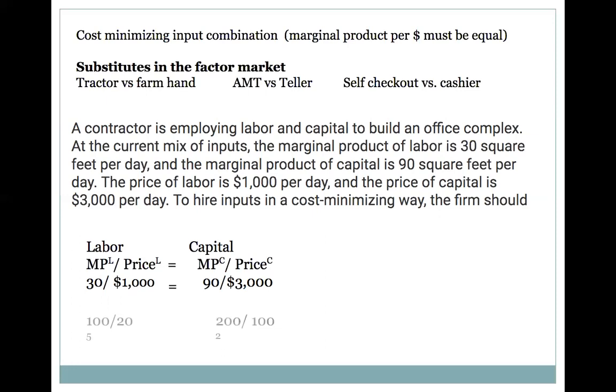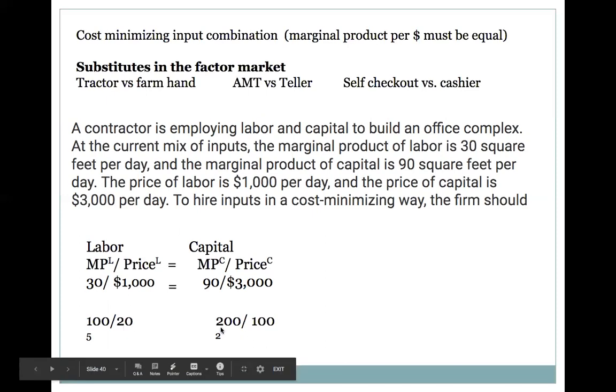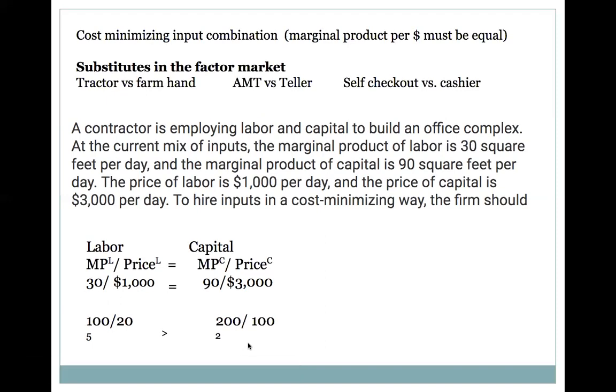All right. However, what if the situation had been this instead? What if the marginal product of labor had been 100 and the price of labor had been 20, and for capital the marginal product was 200 and the price was 100? Well, here I'm getting more productivity per dollar from labor than I am from capital. If I'm getting more productivity from labor than from capital, then hire the worker instead.